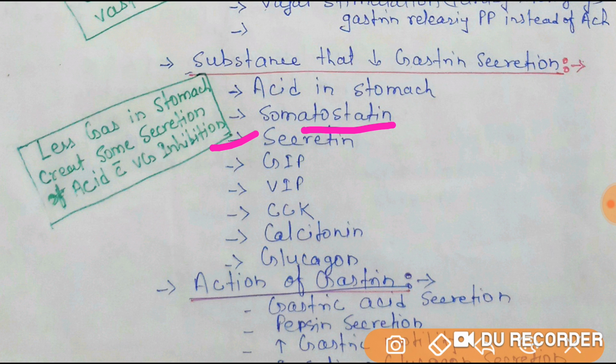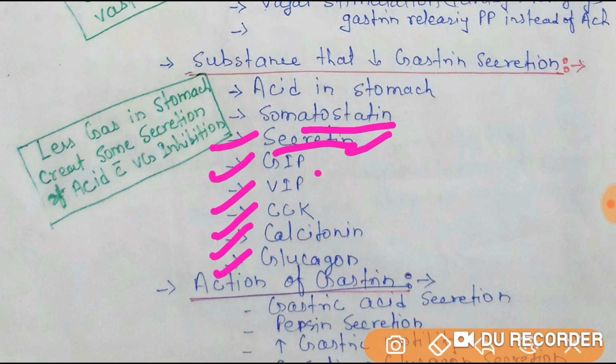Secretin, which is secreted in the small intestine, inhibits gastric secretion. Also gastric inhibitory peptide, VIP, CCK (cholecystokinin), calcitonin, and glucagon.